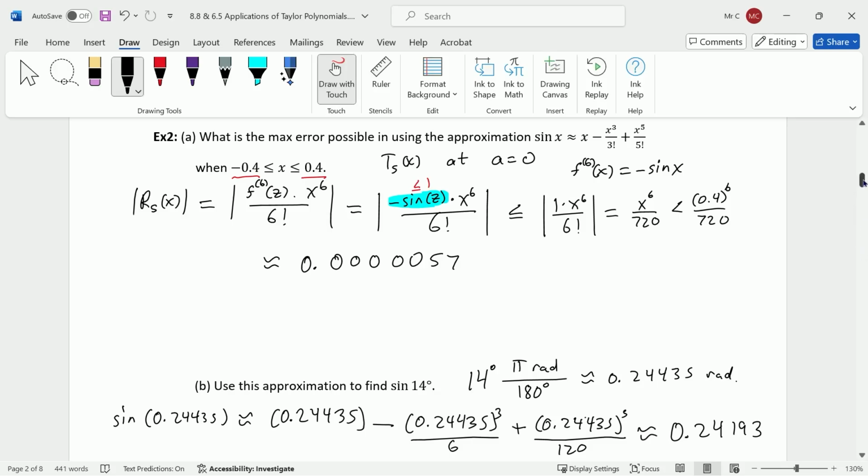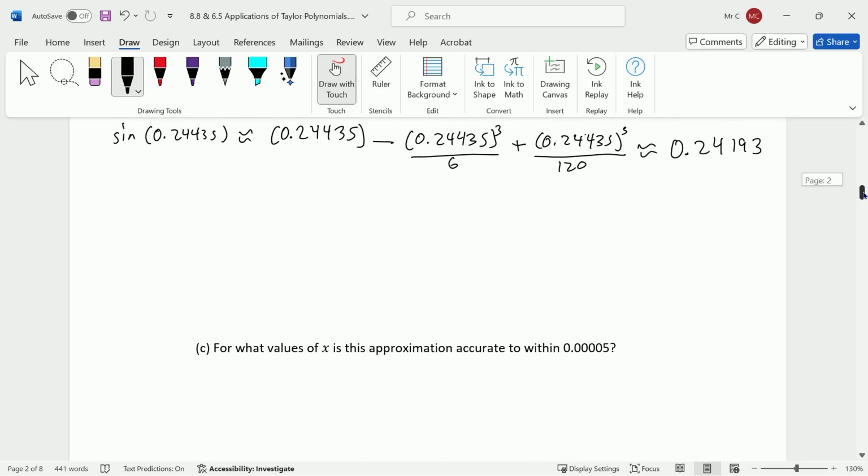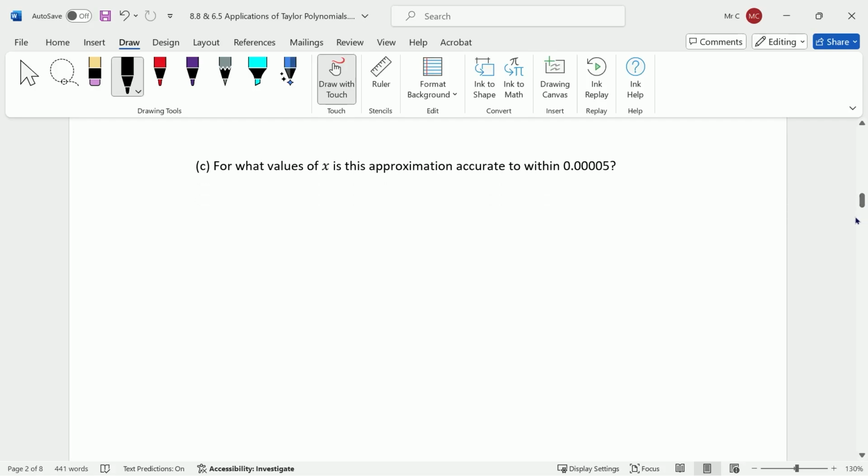All right. Now part C, for what values of x is this approximation accurate to within 0.00005? Okay, well, the absolute value of r sub 5 of x is the absolute value of negative sine of z times x to the 6th over 720, as we saw before, which is less than or equal to x to the 6th over 720.